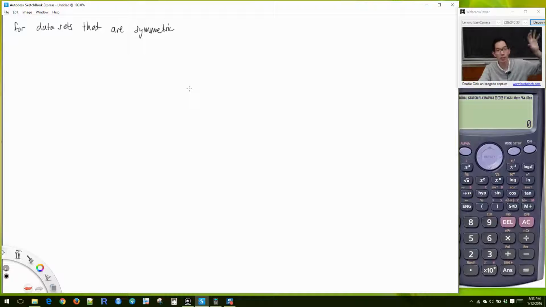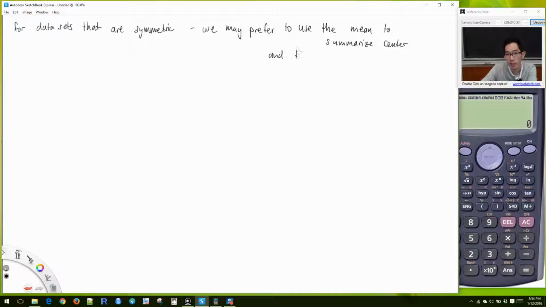So if you've got values that exist way up here, you're also going to have values that exist way down here. Okay, that's kind of what it means to be symmetric. And so it says for data sets that are symmetric, okay, we may prefer to use the mean to summarize center, and the standard deviation to summarize spread.